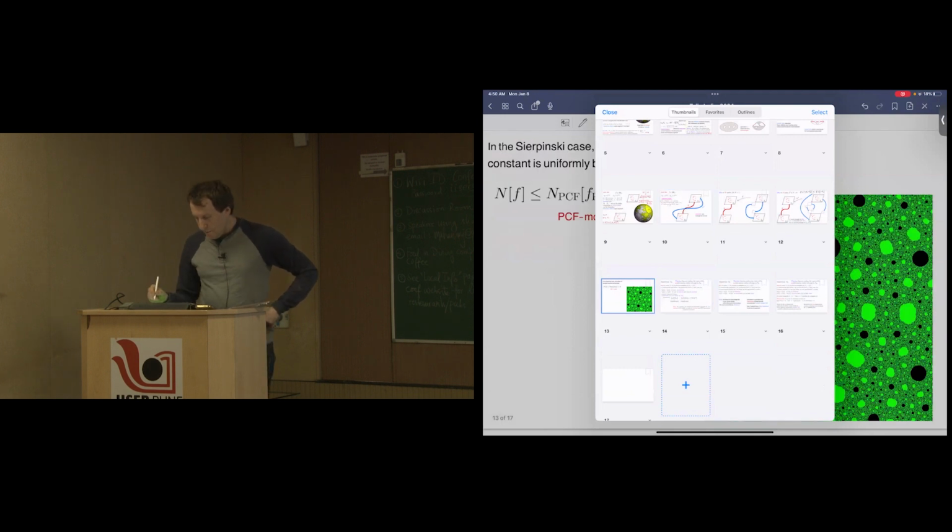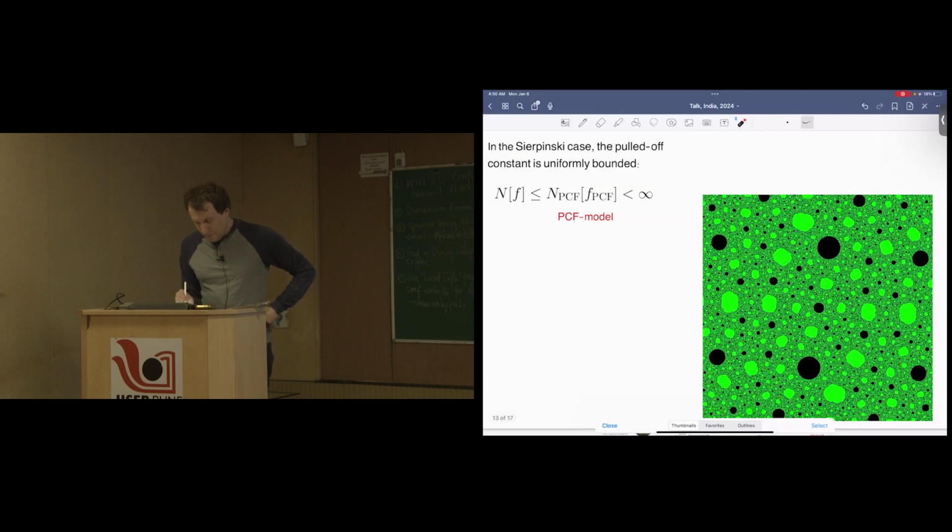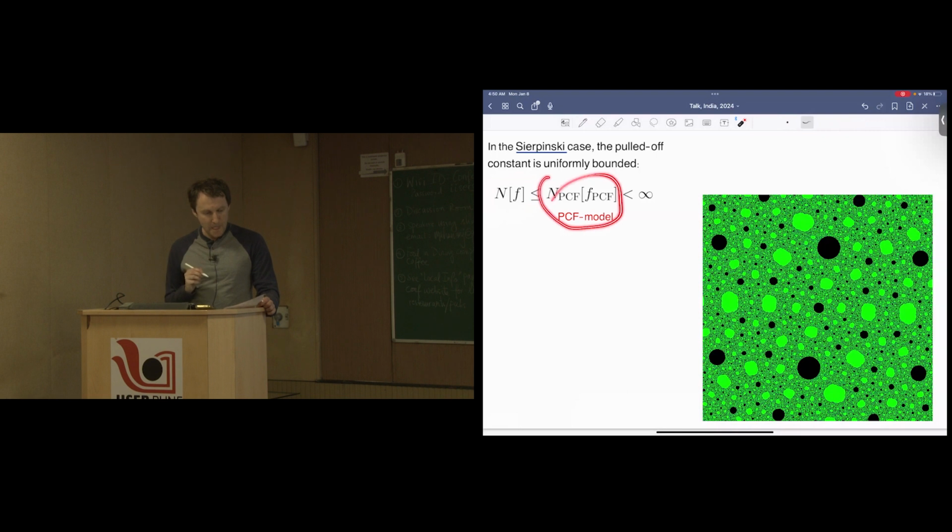So in the case of the Sierpinski maps, as I said, this approach works for disjoint-type hyperbolic components, and in the case of Sierpinski maps, such a pull-off constant can be globally bounded. So in fact, we can consider the corresponding constant for the PCF model, and then it's uniformly bounded.